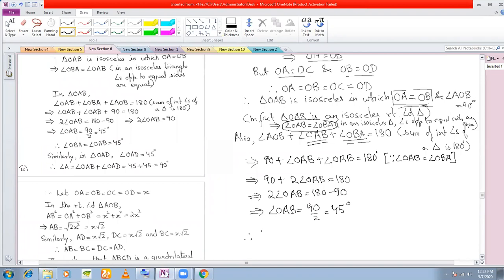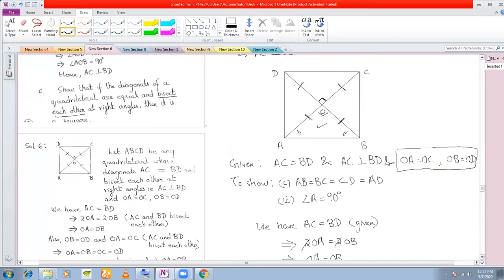So therefore, angle OAB and angle OBA are both equal to 45 degrees. So here what I have shown till now is that these two angles are 45 degrees. I have shown this. Okay.